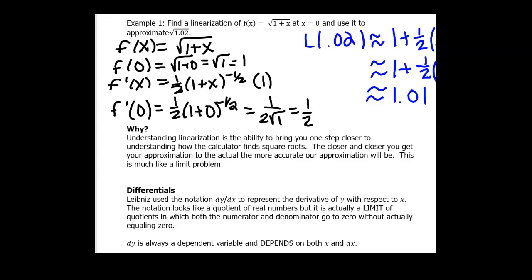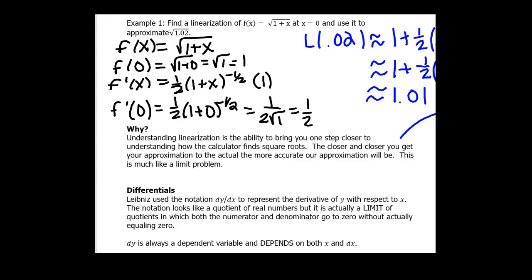Now, the last thing we talked about was, is that an overestimate or an underestimate? So what we have to do is think about the square root function and what that looks like. So the square root kind of looks like this, right? Then adding or subtracting inside that plus 1 is going to shift it to the left 1. So that's not going to change the direction it opens. It's not going to change its concavity.